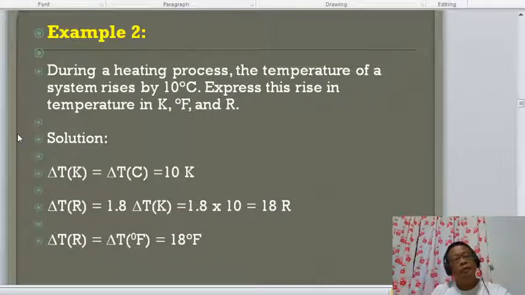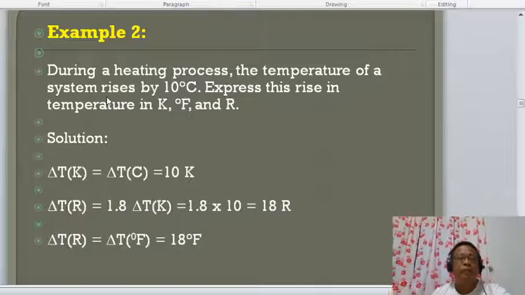So, of course, 10 degrees Celsius is the same as 10 degree Kelvin. Take note, this will only happen if the temperature is a change in temperature.